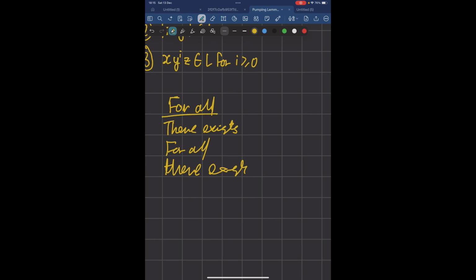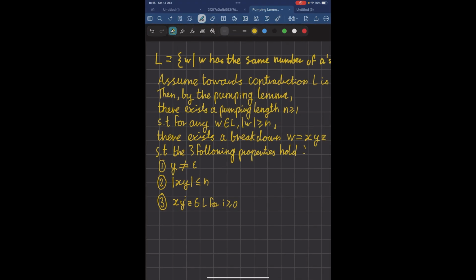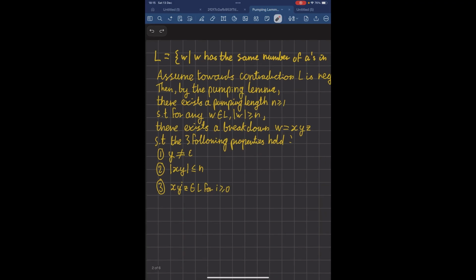Like for all, there exists, for all, there exists, it alternates between the two. So if you look at the boilerplate, we have that. So for all regular languages, there exists a pumping length such that for any, so for all, w in L, there exists. So it's the same structure.